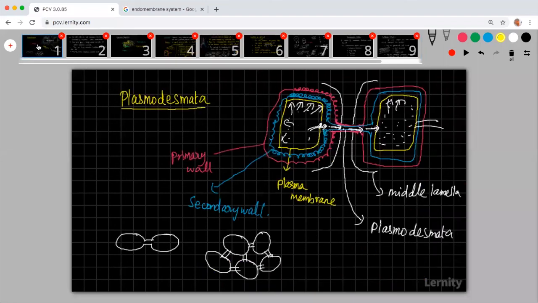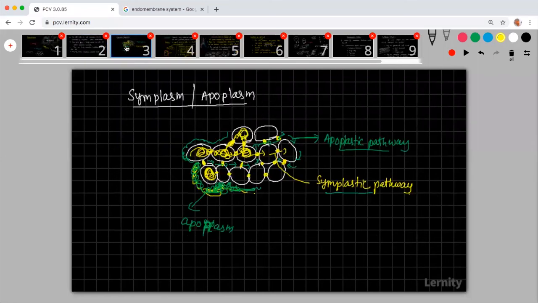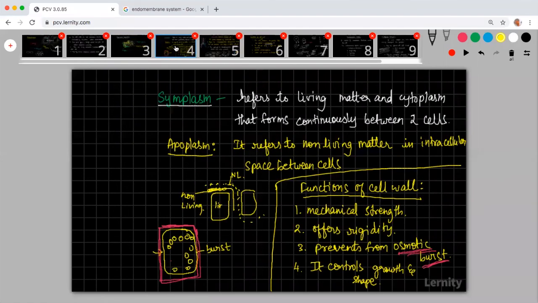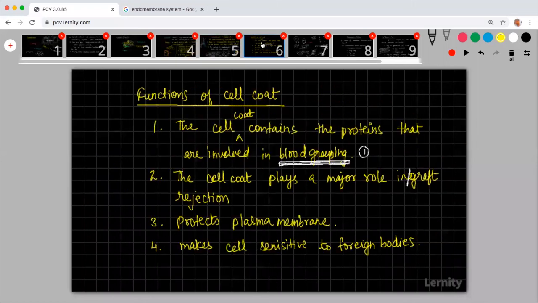Okay, so now I'll show you all the slides from first to last. We can just go ahead. First slide. Second slide. Third slide. Fourth slide. Fifth slide. Sixth slide.